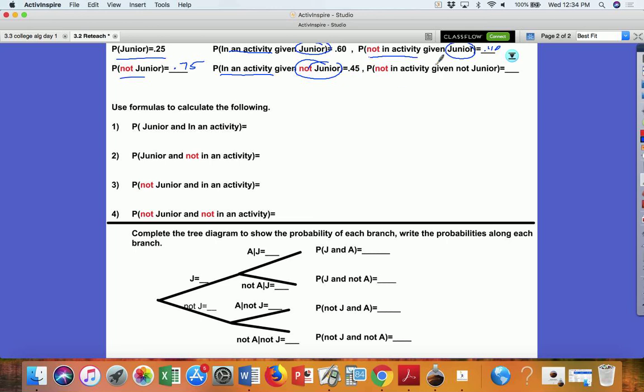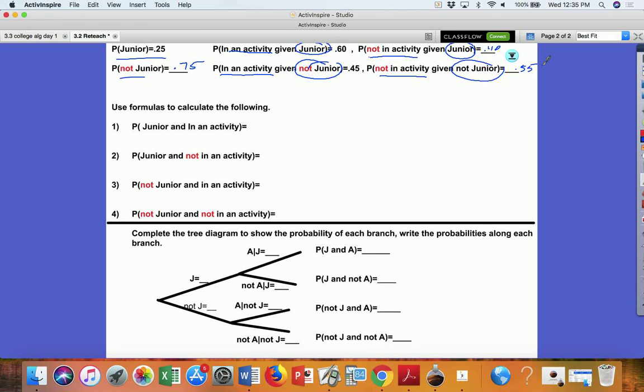So would you say that these events are independent or dependent? Right, because this restriction affects the chances of them being in an activity, right? Okay, not a junior, chances that they're not in an activity, 55%. So, we have dependent events.